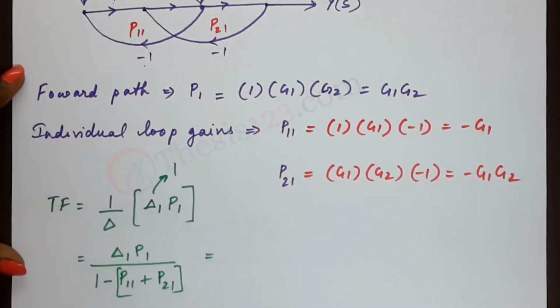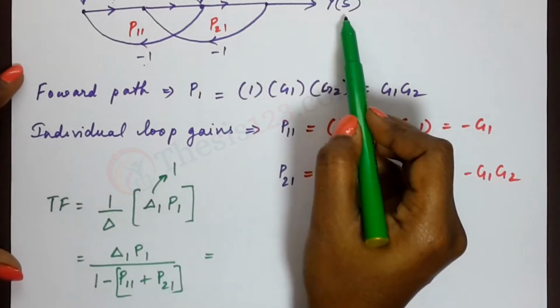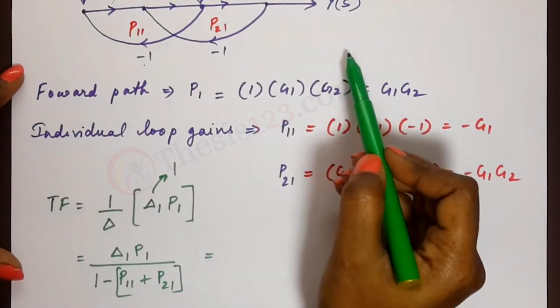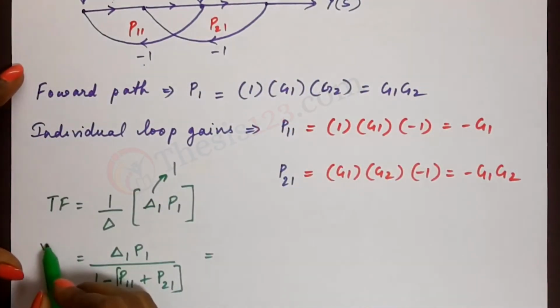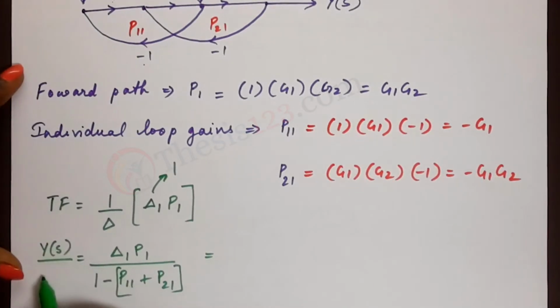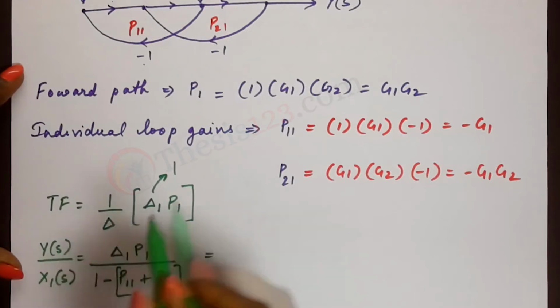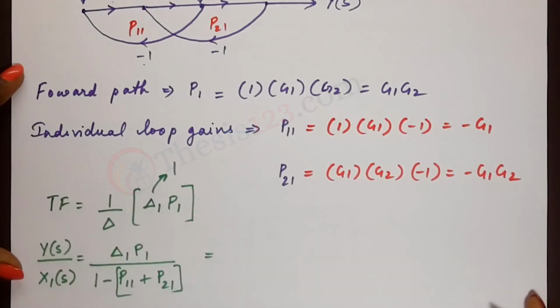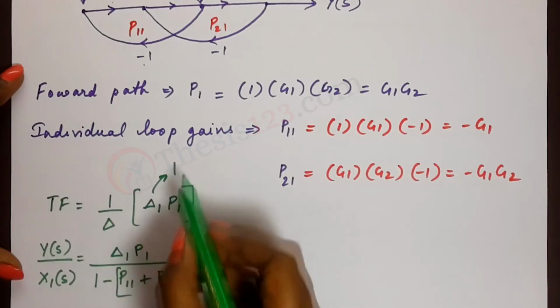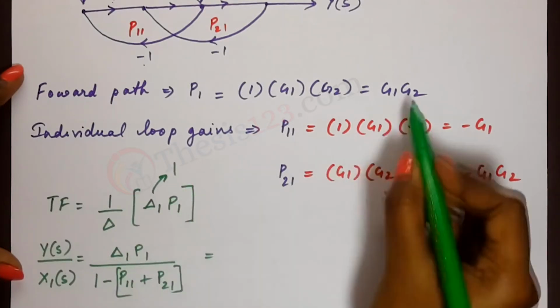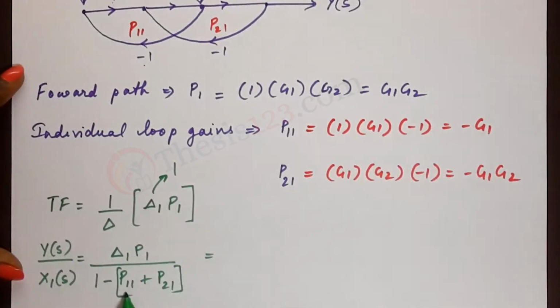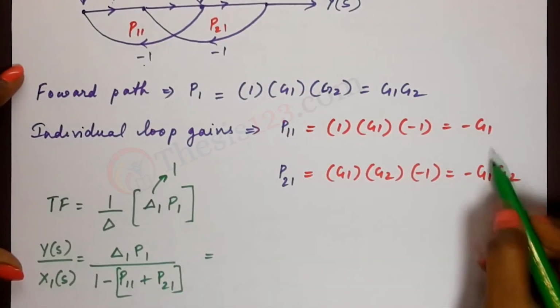Now let's substitute the values. Here the transfer function is the output by input. The first thing we are doing is writing it in terms of y of s divided by x1 of s. I'll show you how we can change that to x2 of s once we have the expression for the transfer function. So delta 1 is 1, P1 is G1, G2, and P11 and P21 are the values here.